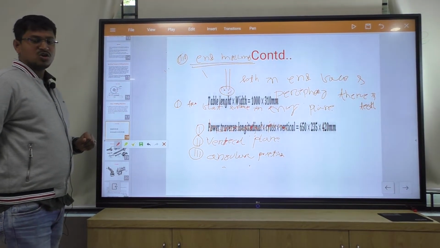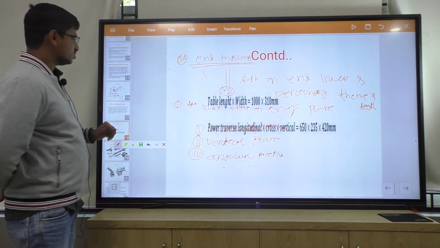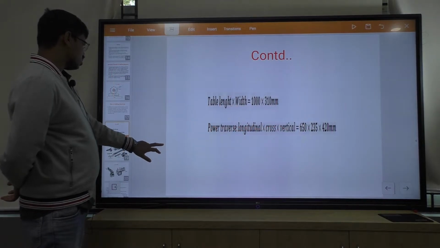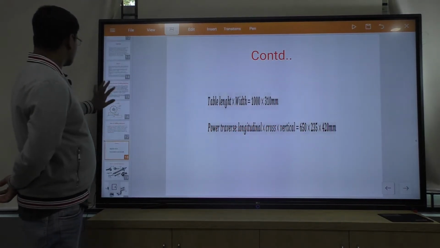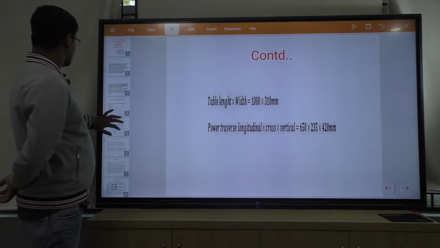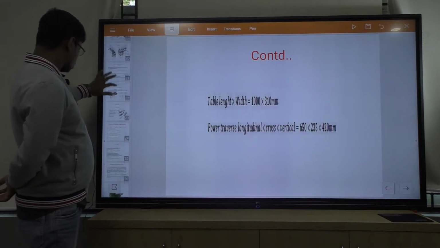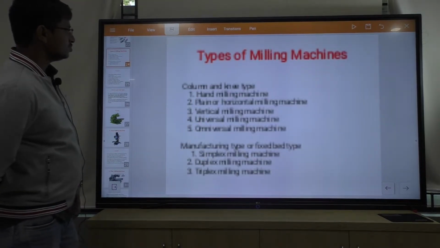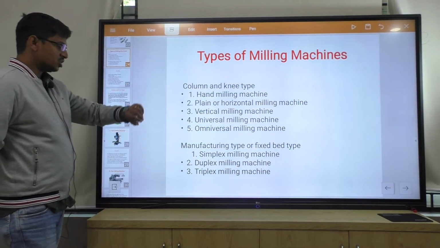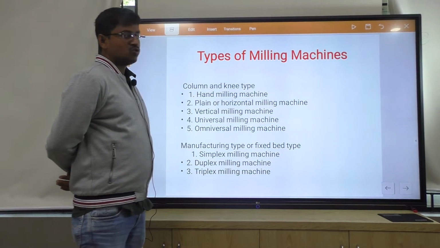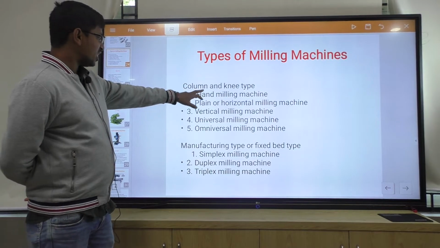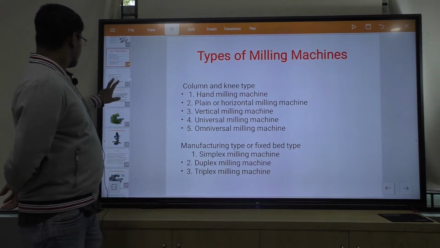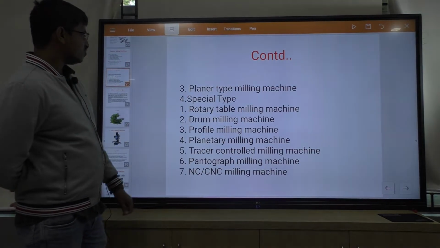Then we will discuss the types of milling machines. The first category is column and knee type, second is manufacturing or fixed bed type, then third one is planer type milling machine.